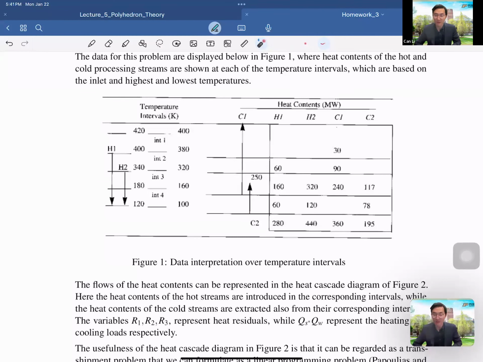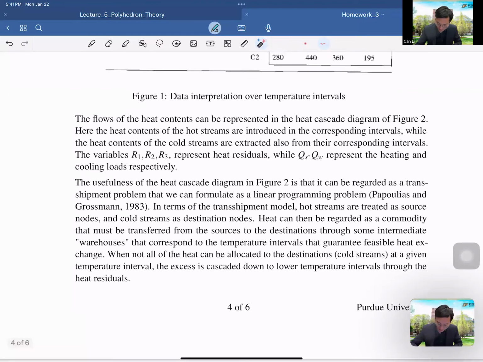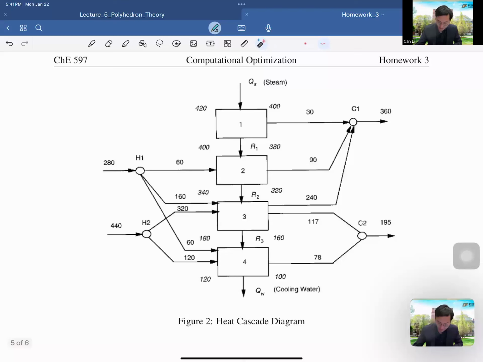Their temperatures are moving up. So the linear programming model is a so-called transshipment model. It will decide how the energy will flow among the hot stream and the cold stream, which can be seen in the next figure here. So here's how the heat cascade will flow around this diagram here.